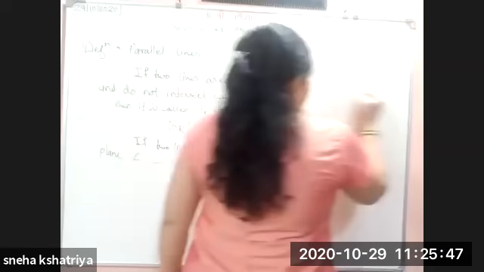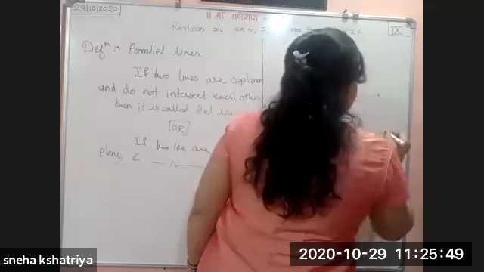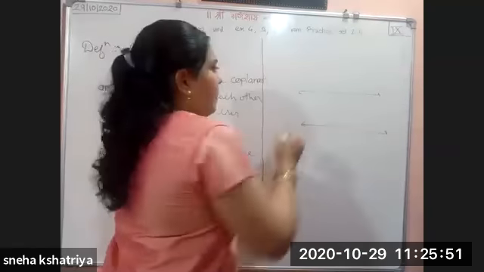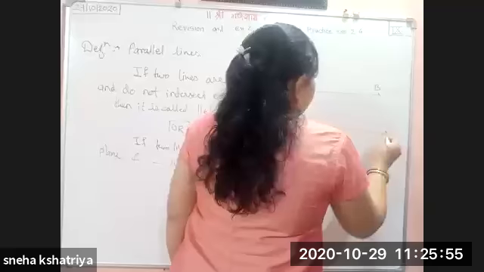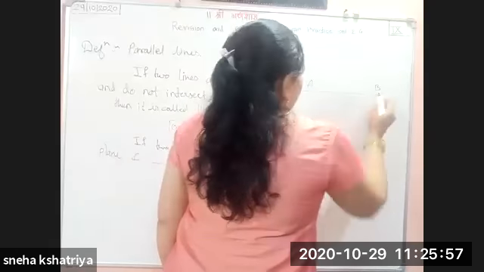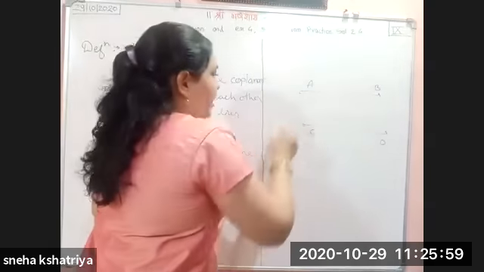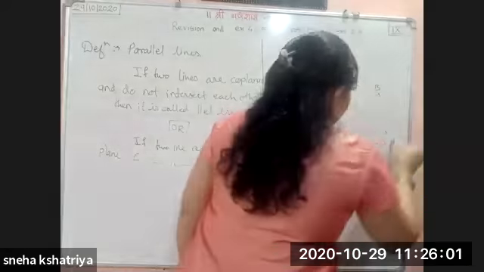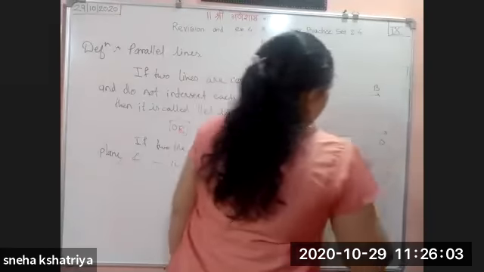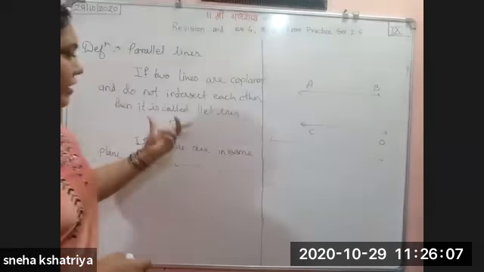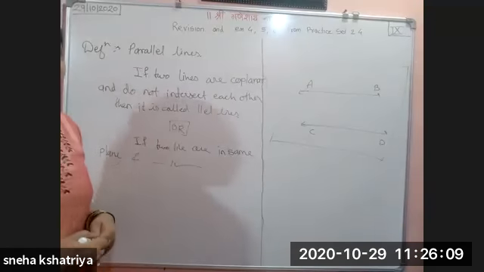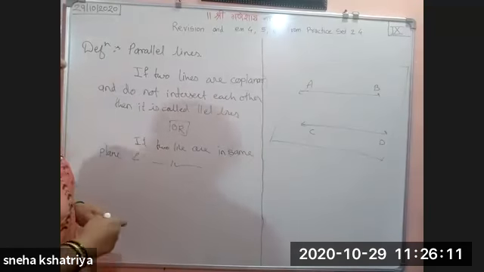We can draw the figure like this. Suppose this is line AB, this is line CD. They both should lie on one same plane, and if they do not intersect each other, then we can say that these two lines are parallel to each other.